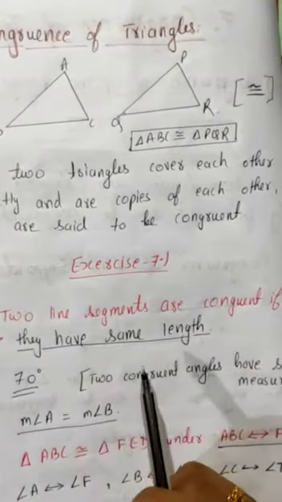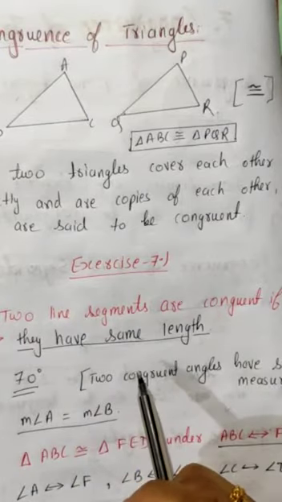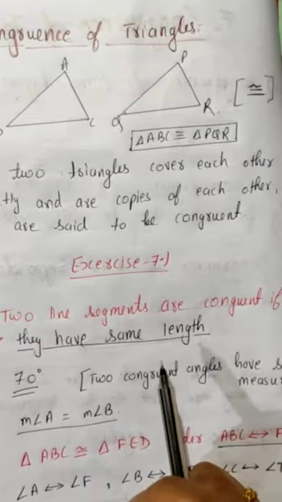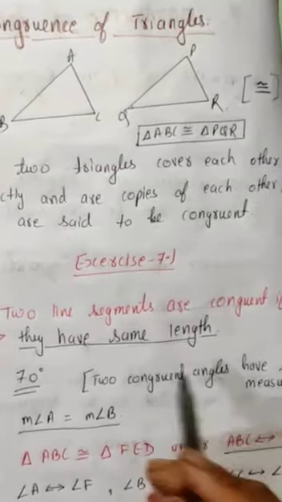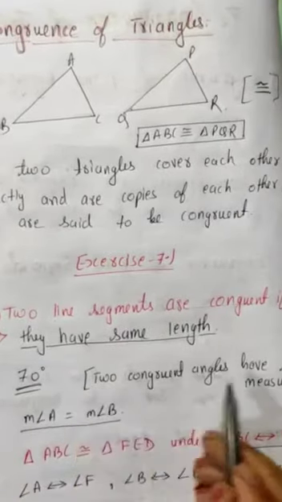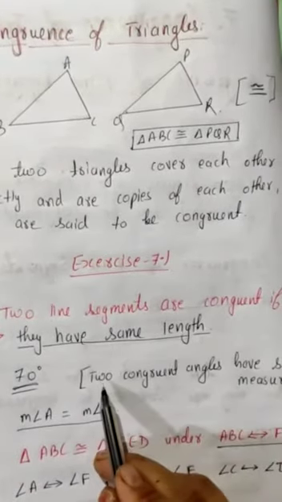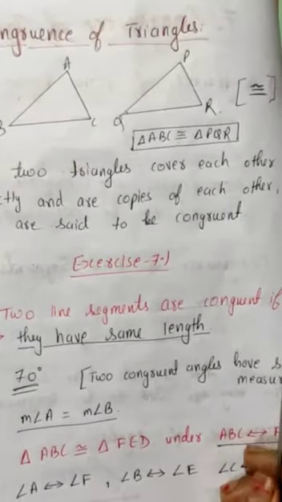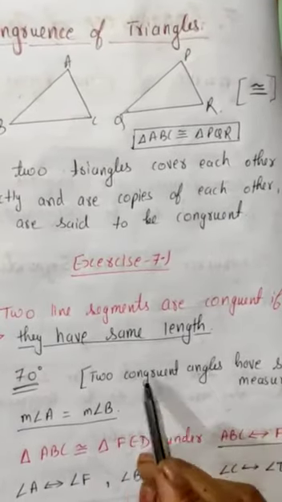Now among two congruent angles, one has a measure of 70 degree. So you have two congruent angles, एक का measure 70 degree है. What will be the measure of the other angle? It will be 70 degree. I have written the reason for that. As you know, if two congruent angles are there, they have the same measure. The measure of two congruent angles is always the same.